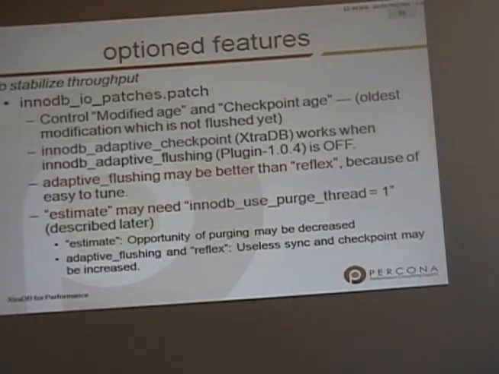Because as a characteristic of estimate, the opportunity of purging may be decreased because estimate is not so greedy. Adaptive flushing and reflex are really so useless, sync and checkpoint may be increased.